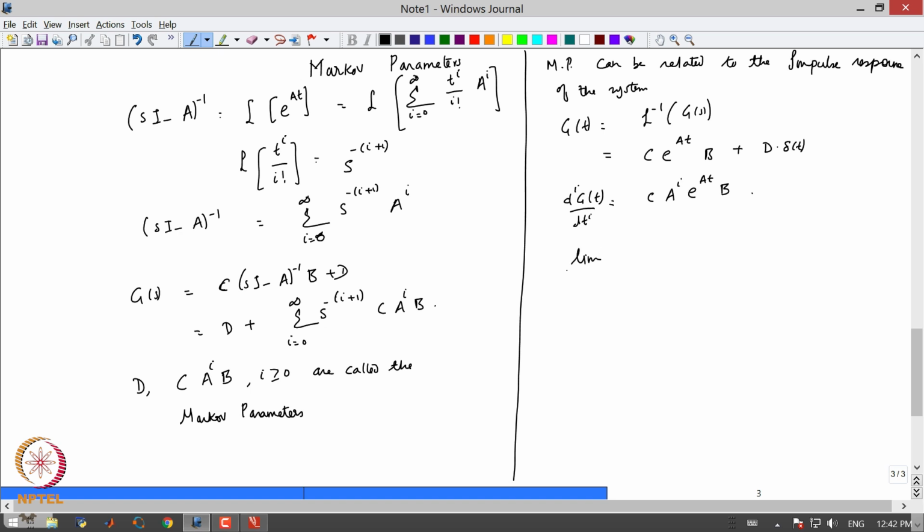The limit as t tends to 0 of d^i G(t) by dt^i is C A power i B, since e power At is the identity, for all i greater than or equal to 1. So, these are the Markov parameters, and this is a little procedure of how they are derived.